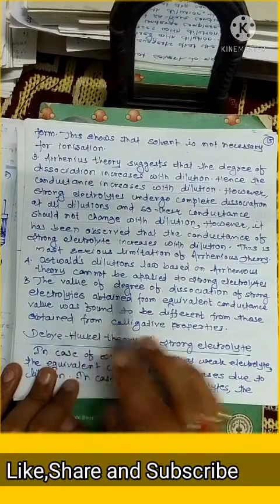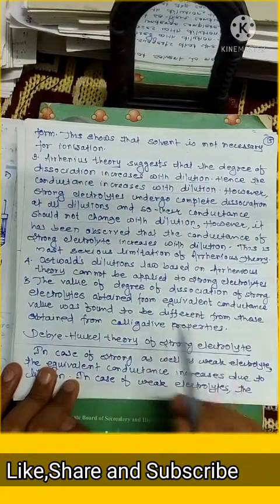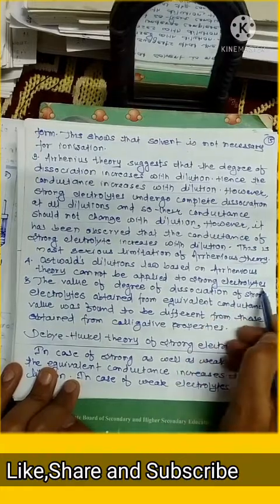Next, Ostwald's dilution law based on Arrhenius theory cannot be applied to strong electrolytes.